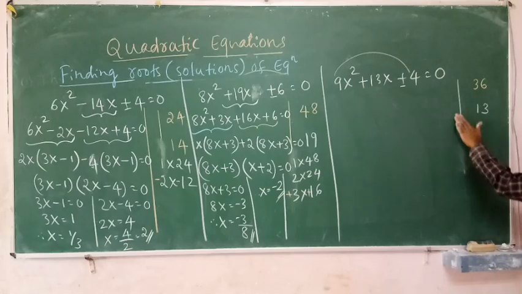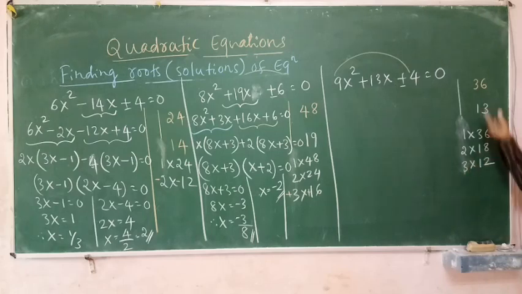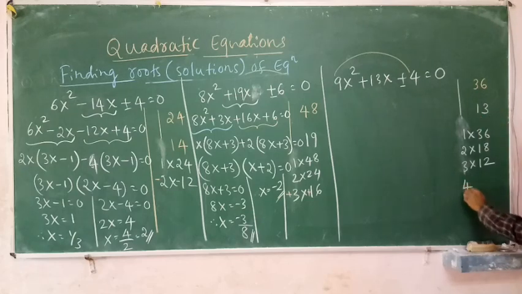So how to write 36? 1 36s are 36, but on adding 13, no. 2 18s are 36, on adding 20, but we want 13, no. 3 12s are 36. Product is 36, but adding we are getting 15, but we want 13. This is also wrong. 4 9s are 36. Product is 36. On adding 9 plus 4 is equal to 13. So this is the right option.